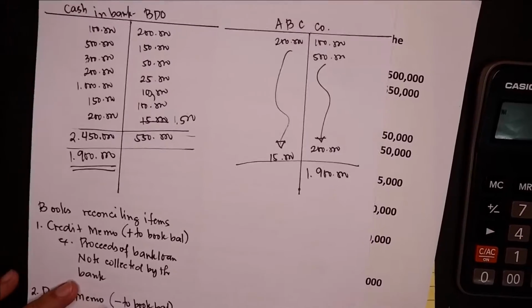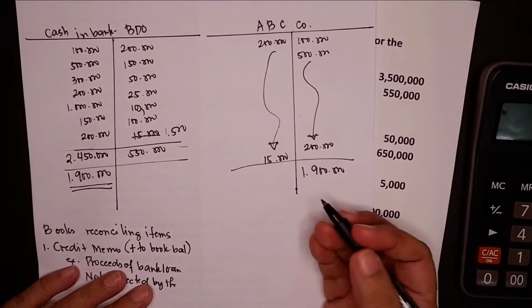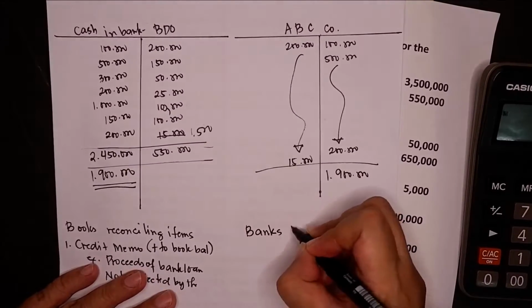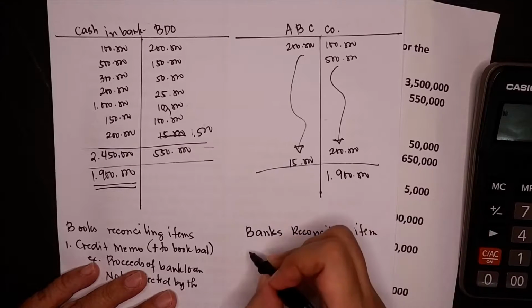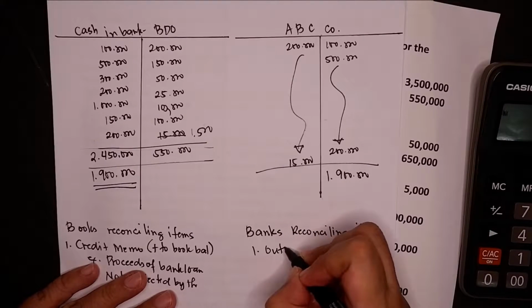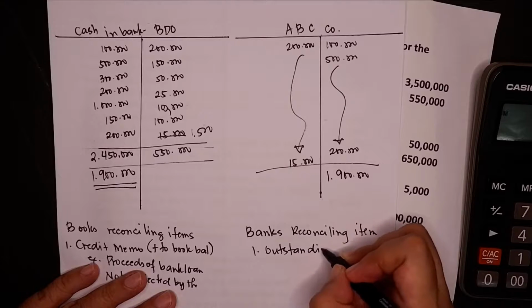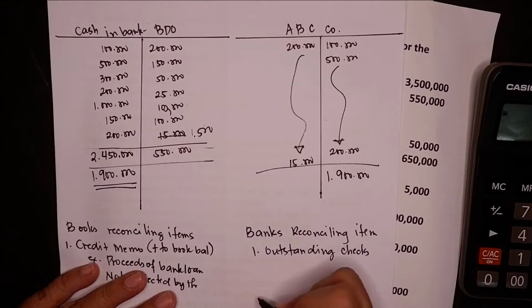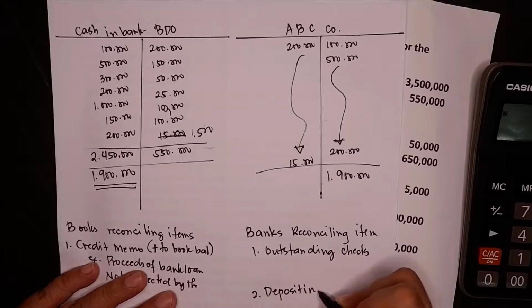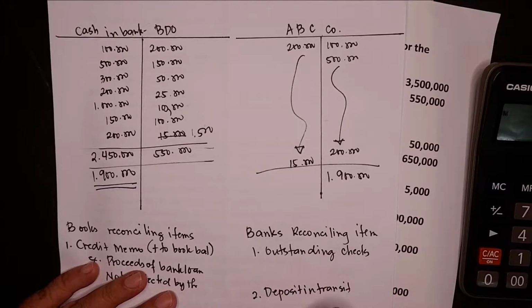Okay, let us go to the bank's reconciling items. Okay, number 1 is outstanding checks. Number 2 is deposit in transit. And number 3 is bank error.